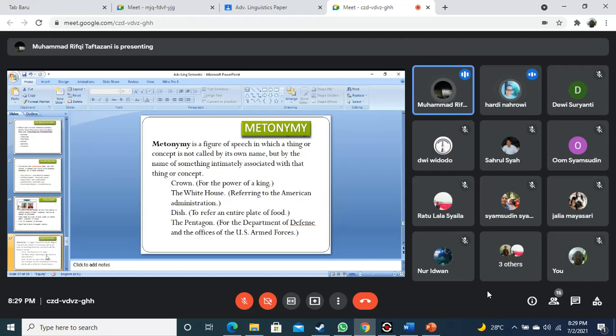So the White House is not only a white house, but refers to the American administration. And also, for example, the Pentagon, for the Department of Defense and officers of the U.S. Armed Forces. This is the example of metonymy.